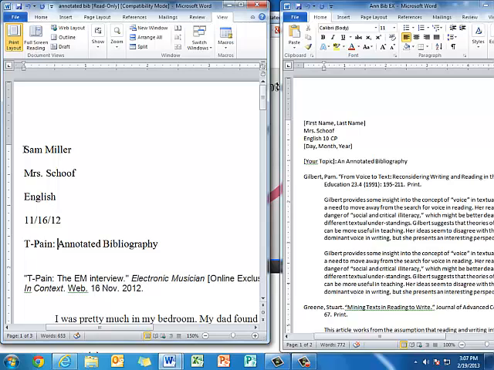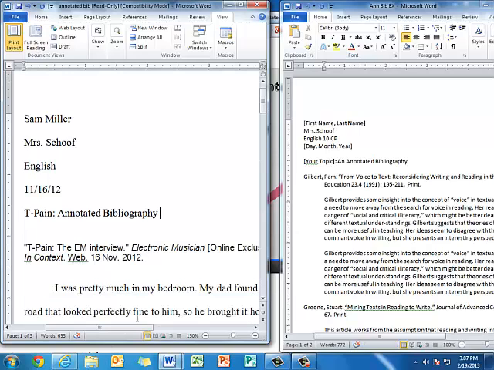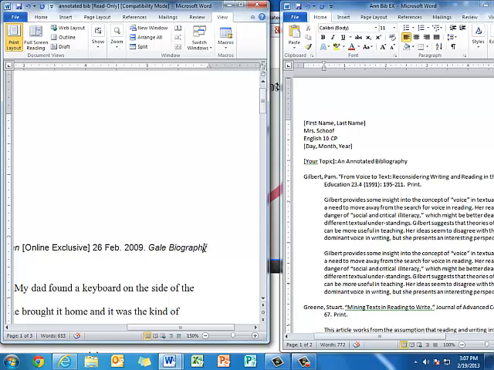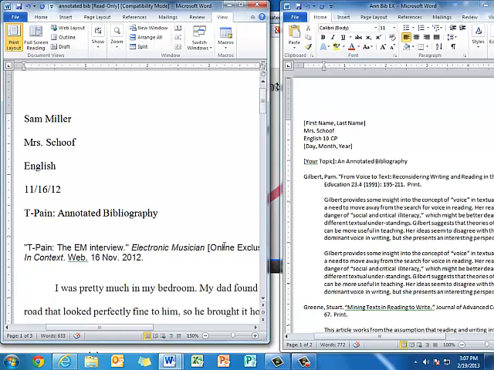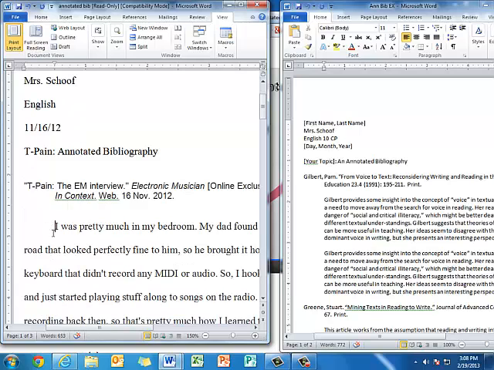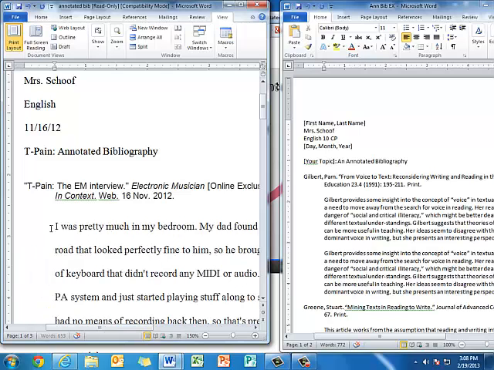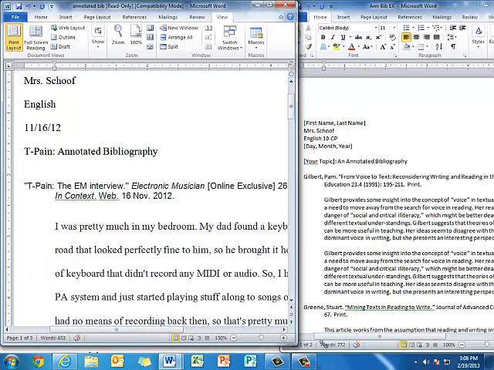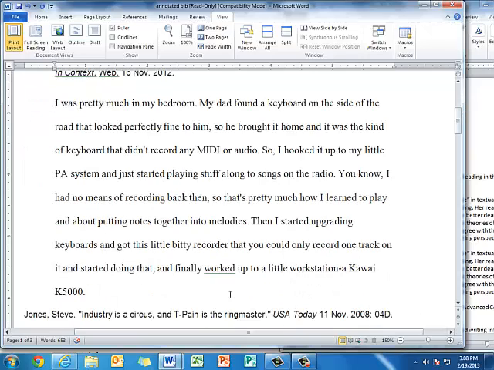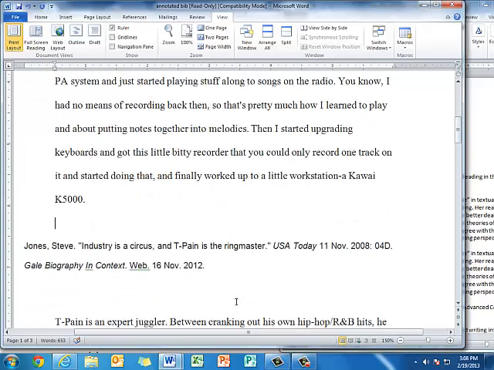And I would go ahead and just make this single spaced, just like you see over here on the right-hand side. Something else that you might have noticed is that the source citations don't have a hanging indent. So one way of doing that is just coming over and hitting enter and then tab, and you have a hanging indent. And then after that, this paragraph should align with that hanging indent. So it should look exactly like this.